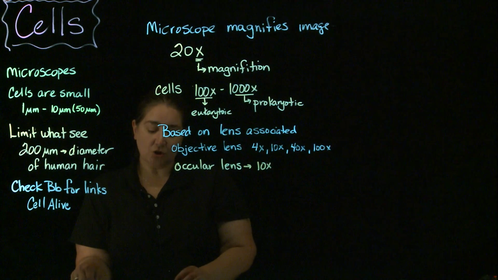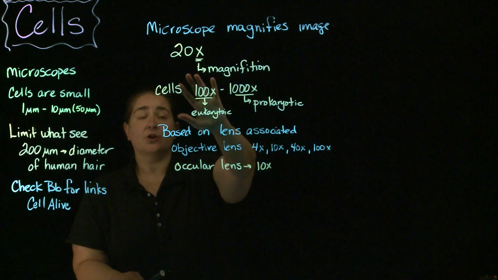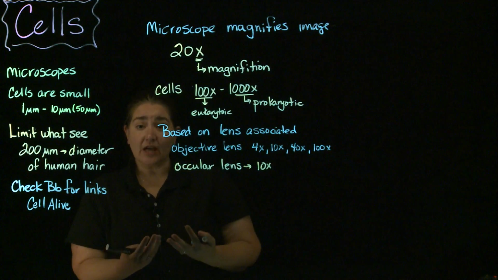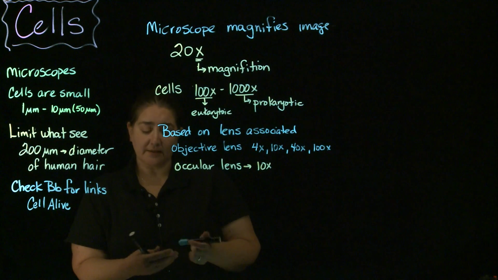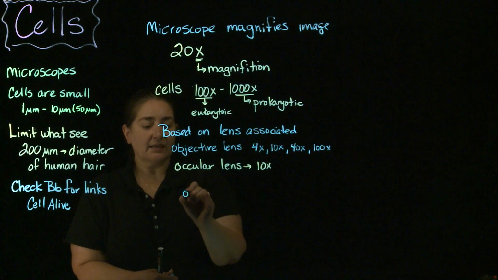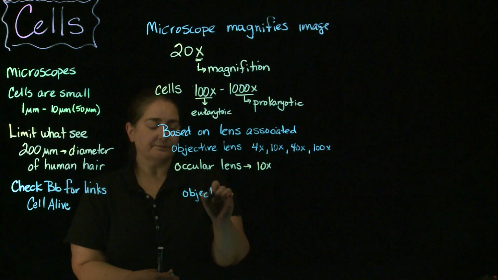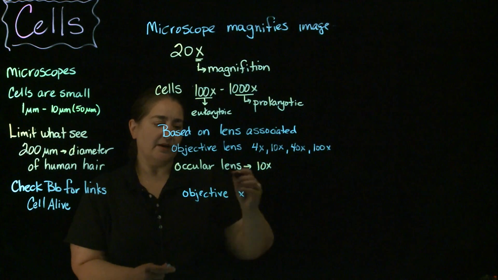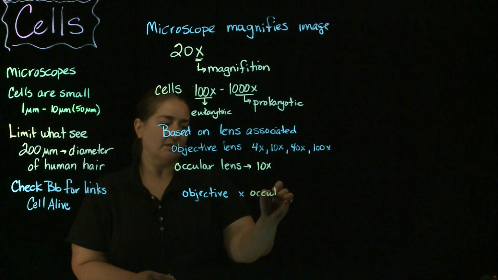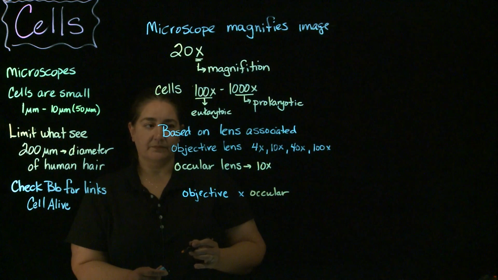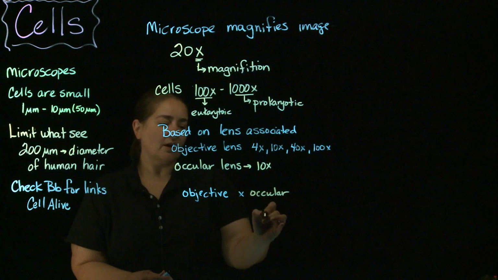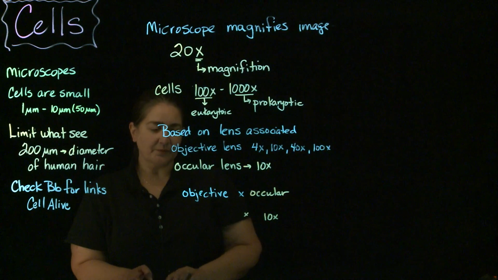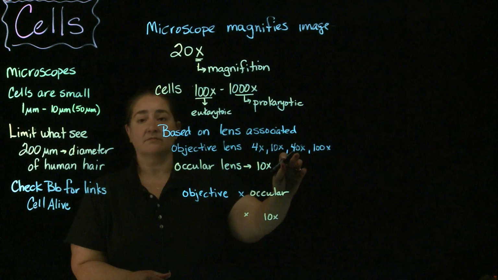So what we have to do in order to determine how much magnification we are visualizing a particular sample at is we need to take the objective lens number and multiply it by the ocular lens. So in our case, our ocular lens is 10x, okay? And we're going to multiply that 10x by, let's say, 40.